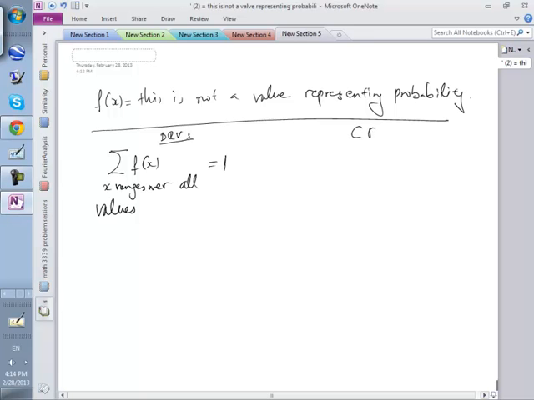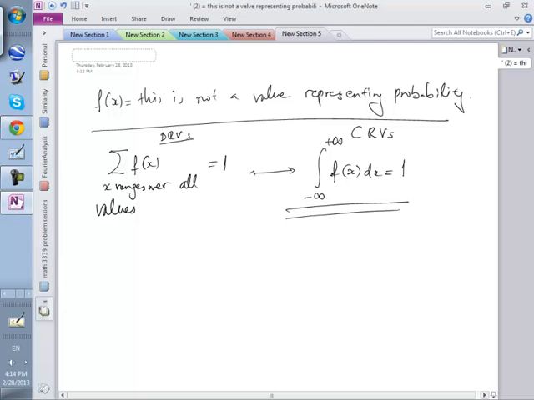For continuous random variables, we have the corresponding property, but since the range is continuous and doesn't have any gaps, we can no longer use a sum, we have to use the integral. Since the range extends from negative infinity to infinity, the entire real line, if we integrate the density function over all the values of the random variable, we should get 1.